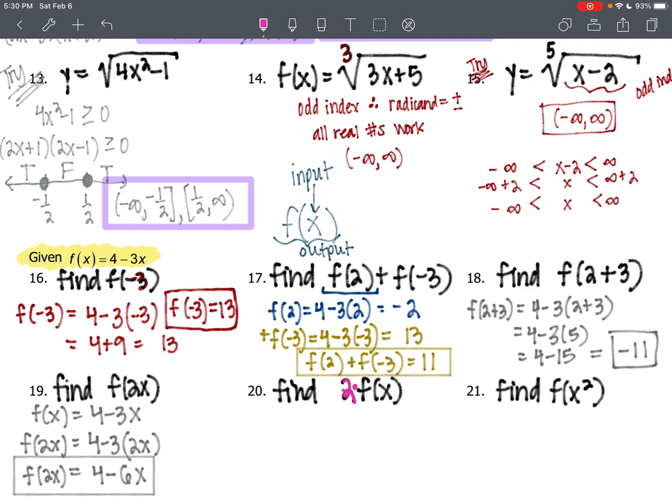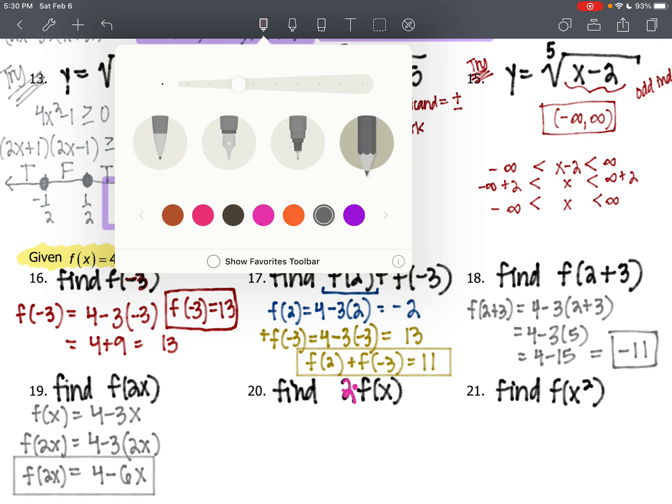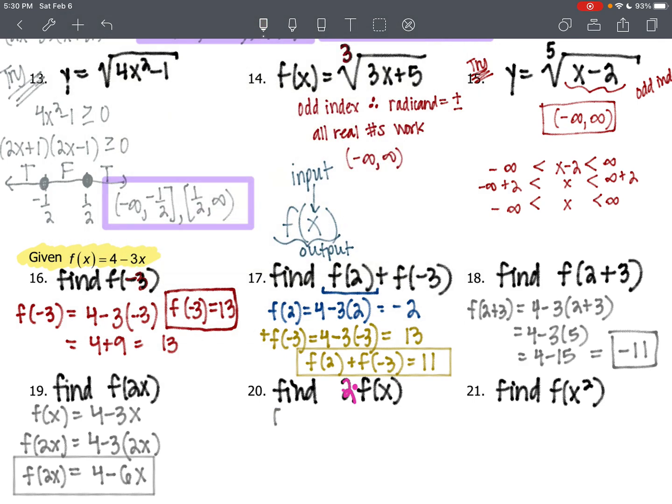So all of f of x. So remember, f of x is equal to 4 minus 3x. 2 times f of x is equal to 2 times 4 minus 3x.